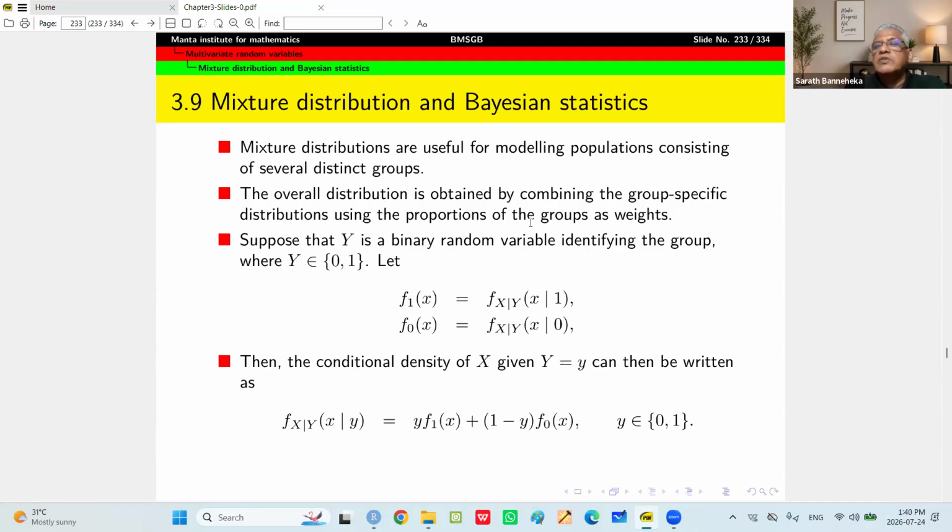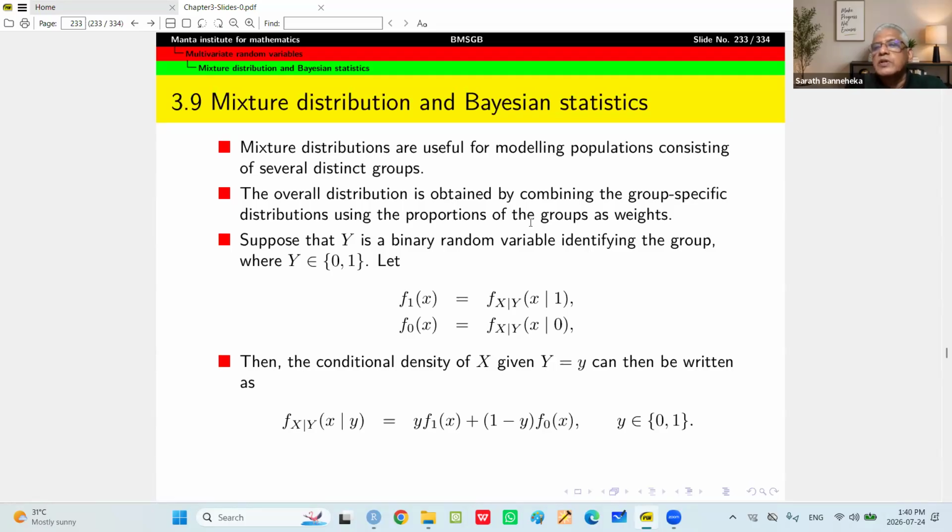So like that, there can be several groups, not only two groups, where we are interested in a particular characteristic variable, but the distributions of that variable for different groups will be different, right?